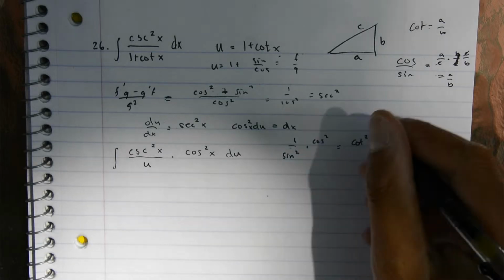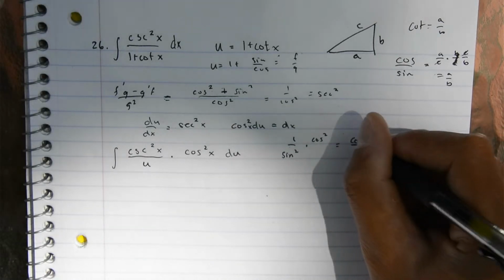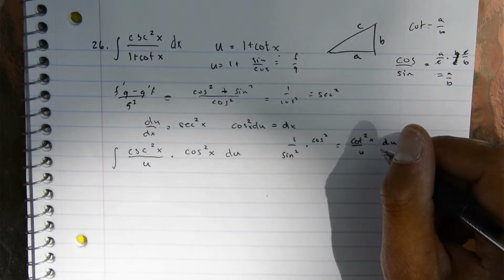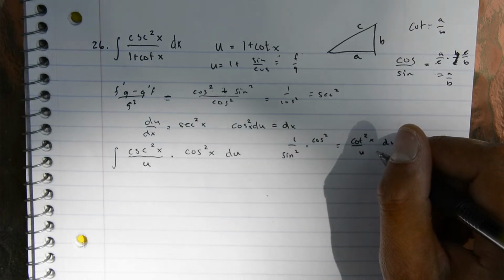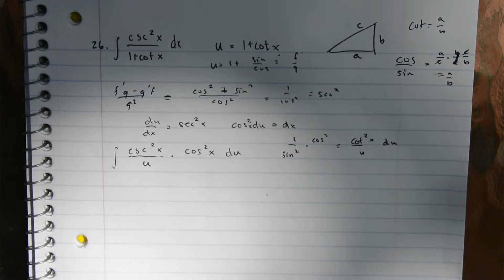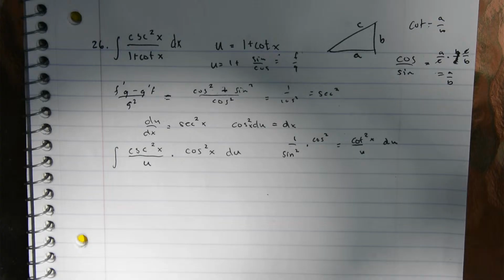But now you just have cot squared x over u du, but that doesn't help you at all. Let's see what we can do here.